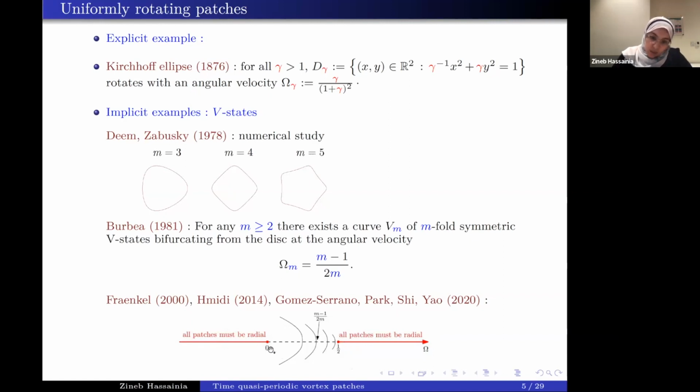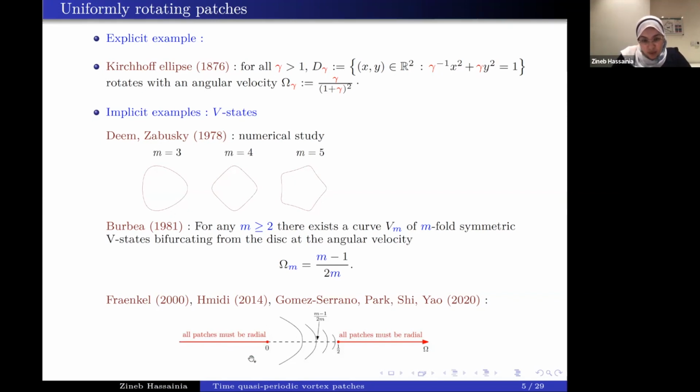At omega equal to 0, Fraenkel proved that the only simply connected stationary patch is the disk, and Hmidi extended his result to omega negative, but only for convex domains.